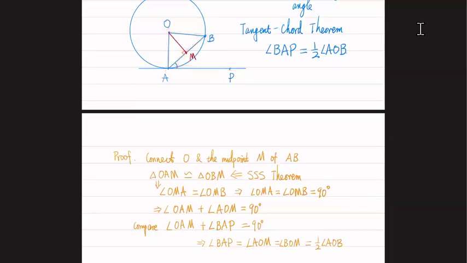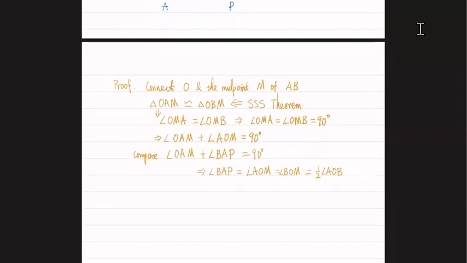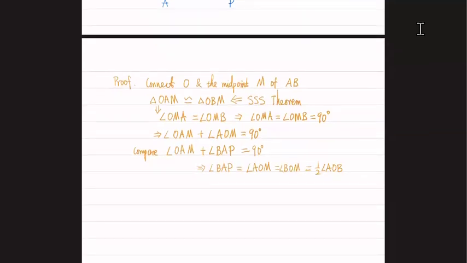So to prove this, we use the SSS theorem about congruent triangles. We check these two angles must be 90 degrees. These two angles are the same, and they add to 90 degrees, so these two must be the same. Okay, several steps. Let's check the picture, you know how to prove this. Let me write that down.